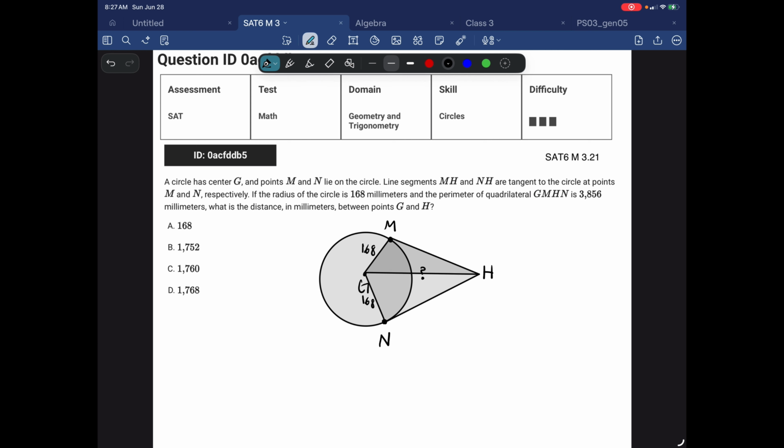Well, you know that this side and this side is equal in length, as this side and this side is also equal in length. So if we want the perimeter of the 4 sides, we have 168 plus 168 plus the 2 unknown sides we have, so we call it x plus x.